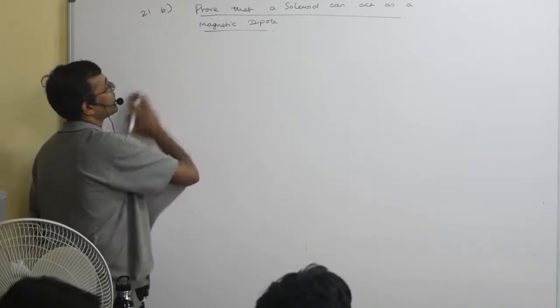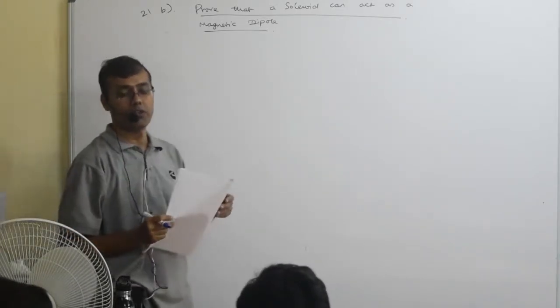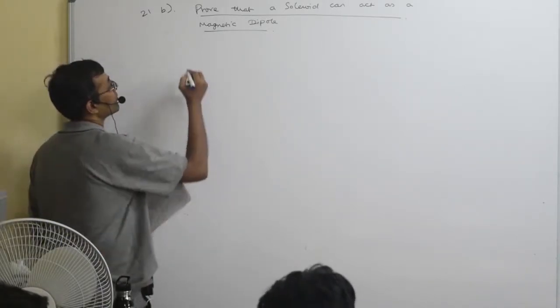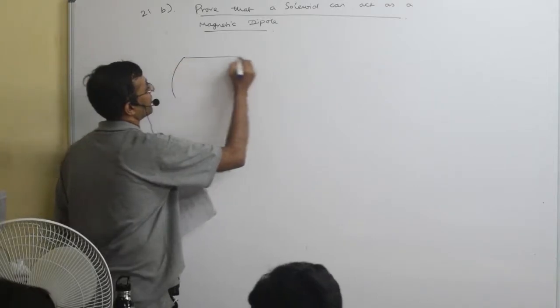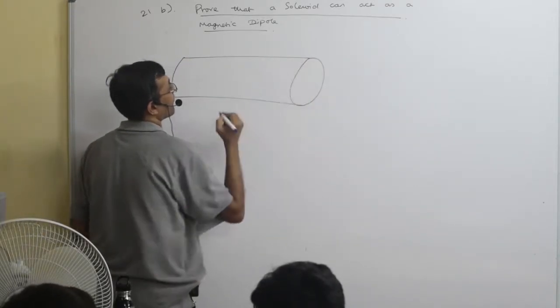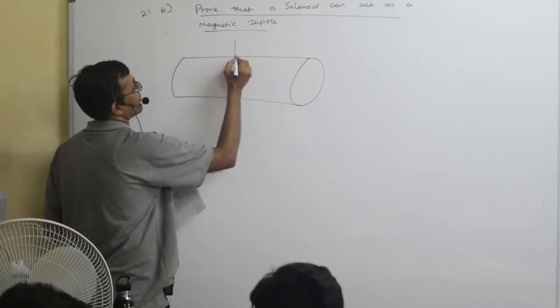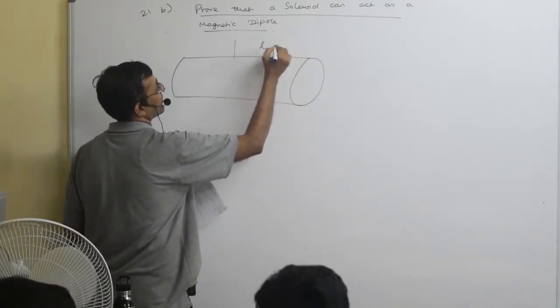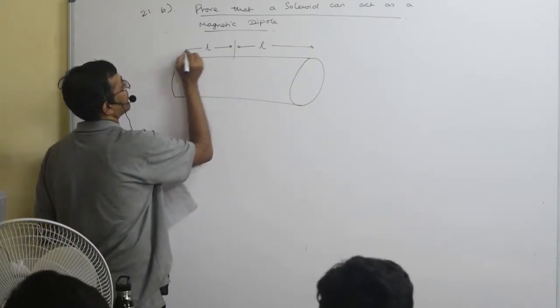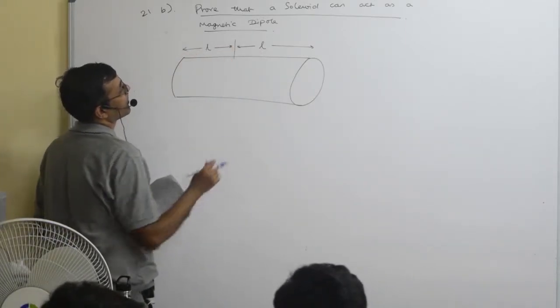So it involves a little bit of integration, okay, but it's not very hard. If you understood the previous one, this is also very easy. So I'm going to show a solenoid, something like this. I'm going to take this as length L, this side is another length L, right?